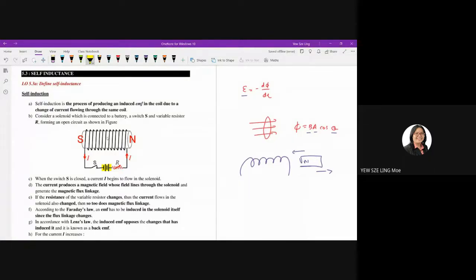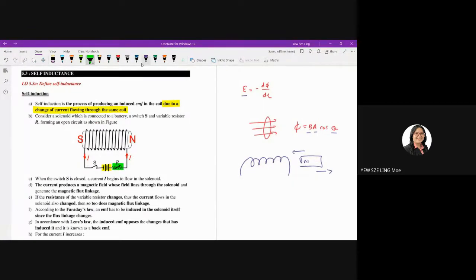So the self-induction process now involves current. It is the process of producing an induced EMF in the coil due to a change of current flowing through the same coil. How do we change the current? We change it by manipulating the variable resistor in our circuit.